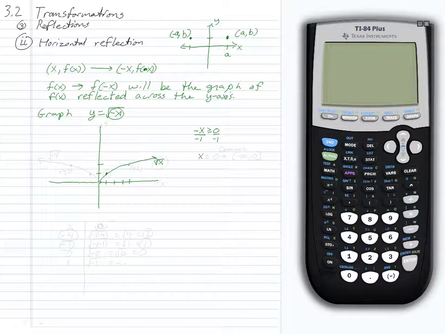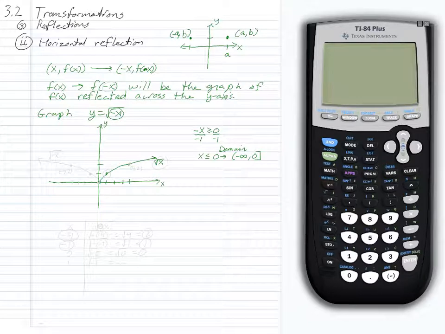So we see that x is less than or equal to 0. So our domain here is actually everything less than or including 0. So this function, when we graph it, should only exist to the left of the y-axis.